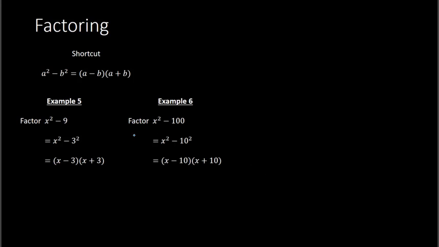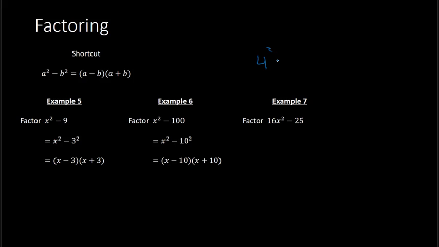So that is the entire process. And I'm going to finish by showing you a few more examples. So the next example, we have 16x squared minus 25. At first glance, this might not look like the same thing, but in reality, it is. When we see this, we should notice that 16 is the same thing as 4 squared.